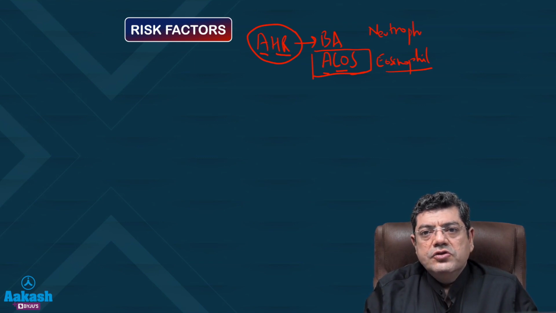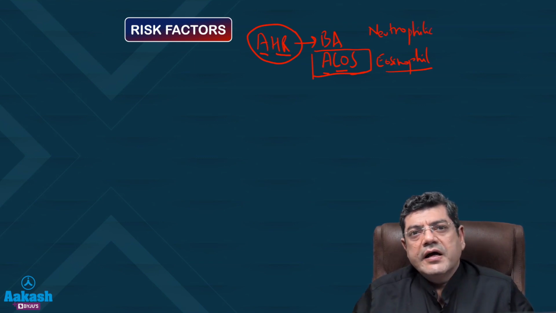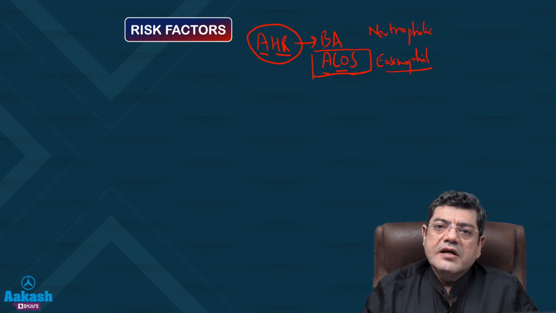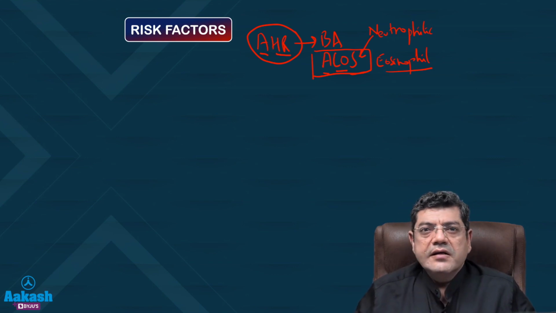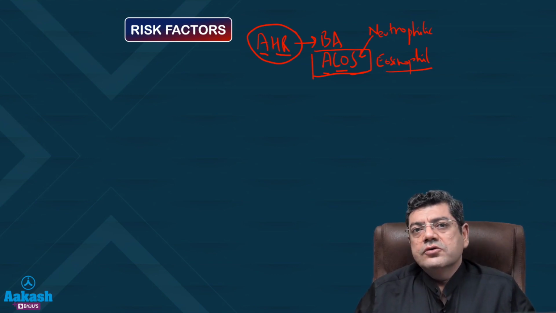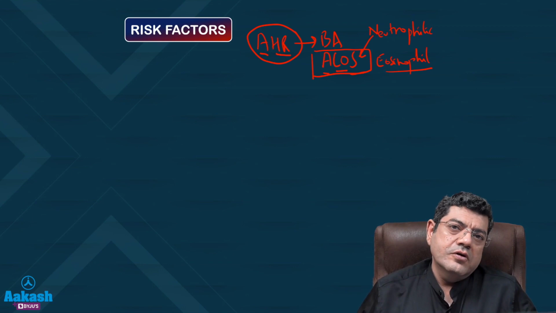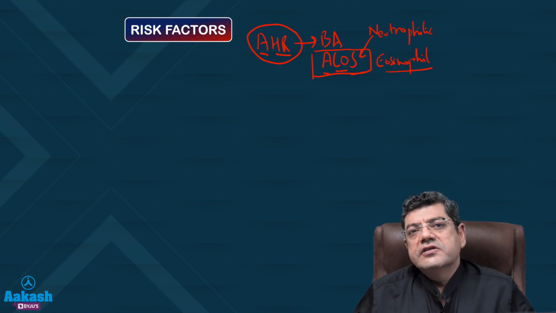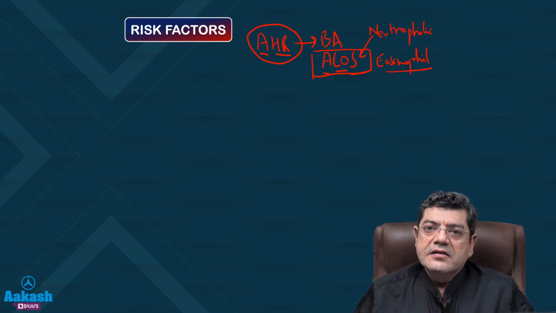Asthma that is neutrophilic, driven by a neutrophilic response, is more likely to progress to ACOS. It is more likely to not respond to usual therapy for bronchial asthma. So, inhaled corticosteroids and bronchodilators do not produce as good an effect in neutrophil rich asthma as in eosinophil rich asthma.